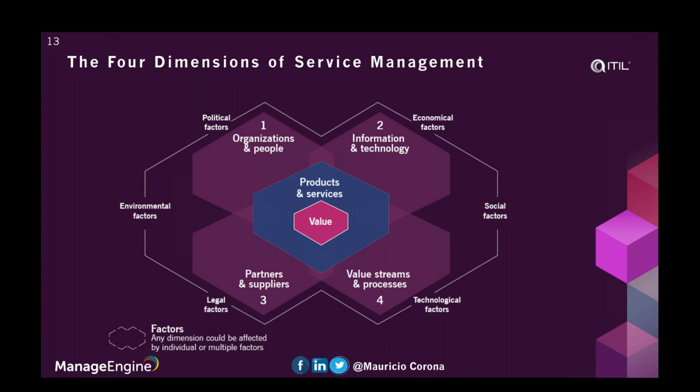That means I must be considering a new strategy in order to deploy lean and agile processes within my organization, and that's through value streams. So in order to be successful in the creation of new products and services, I need to consider all of these 4 dimensions. That's very important, 4 dimensions. That's very important, okay?